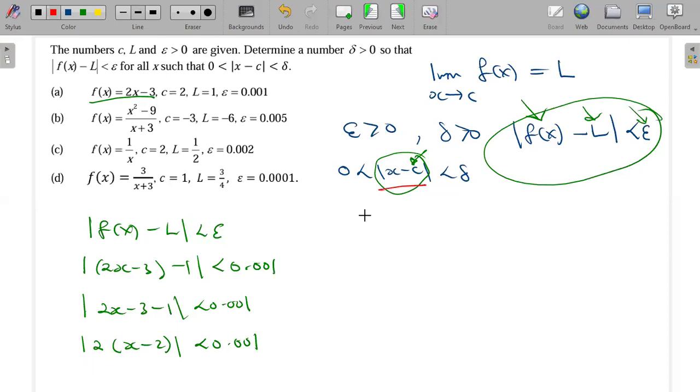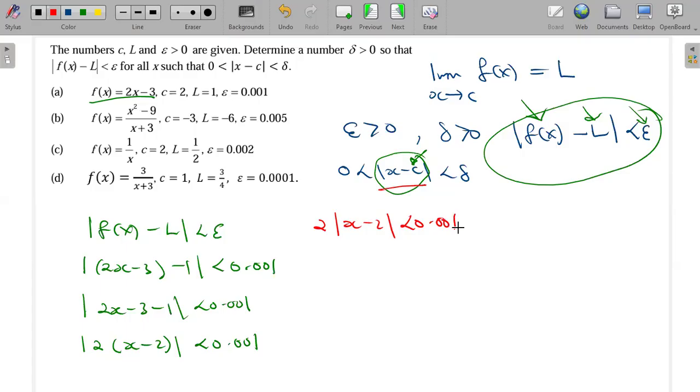So you can move the 2 to the outside, and you remain with the modulus of x minus 2. Of course, this is multiplication here. And then less than 0.001. Okay, so this is what we have now.